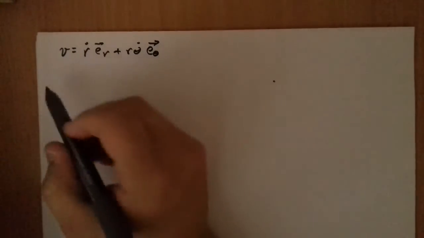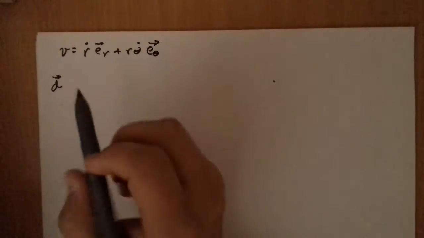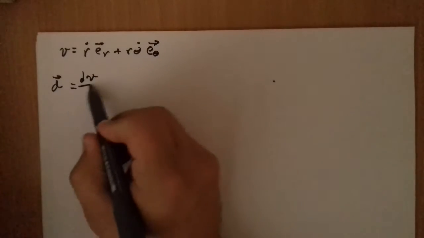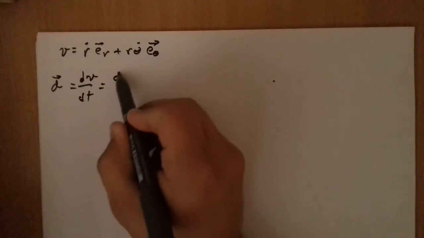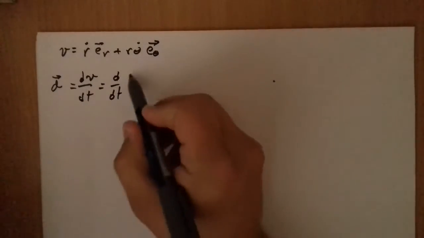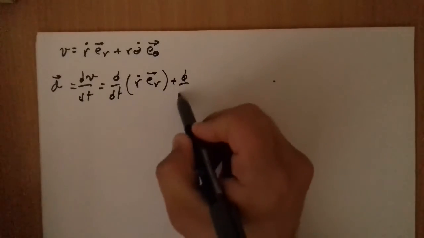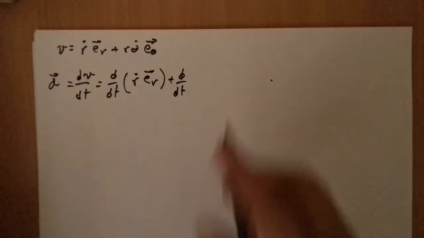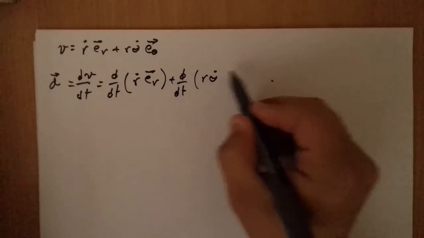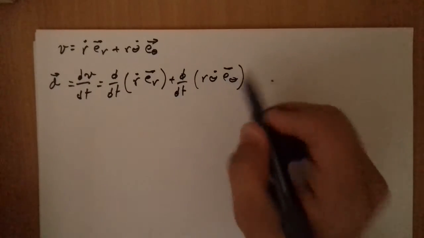So the acceleration a is equal to dv by dt of r dot e r plus d by dt of r theta dot e theta.